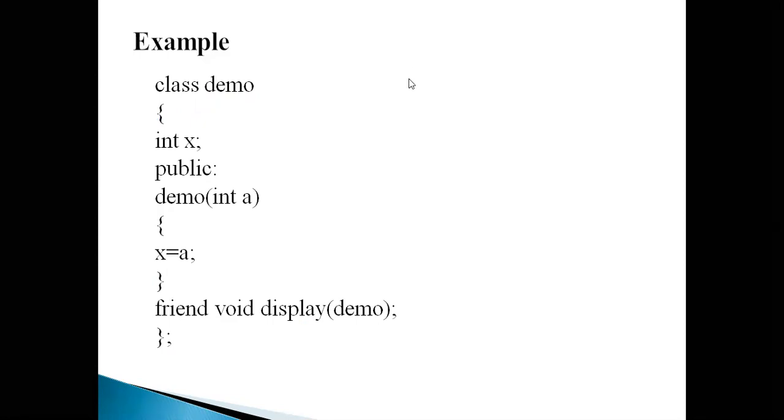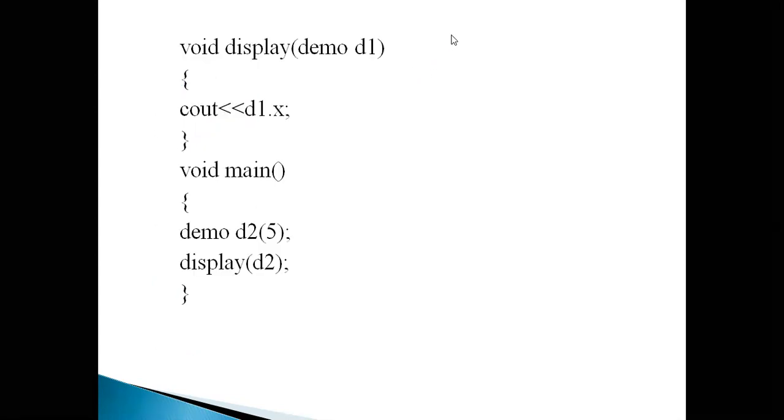Now come to the definition of the function. So here it is a friend function. The friend function has the scope of the entire program, so we need not use the scope resolution operator with demo, and the parameter must be the object. d1 is the object of the class demo, and here we are simply accessing the data member x, so d1 dot x.